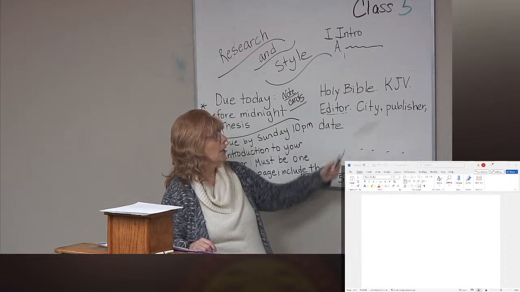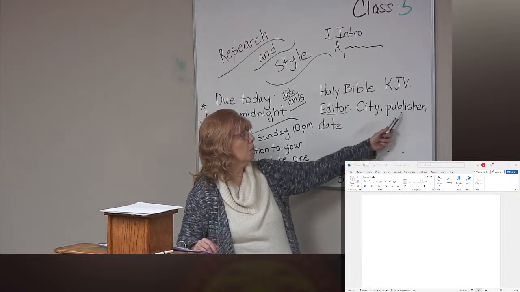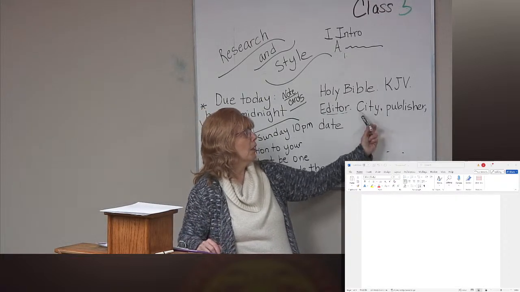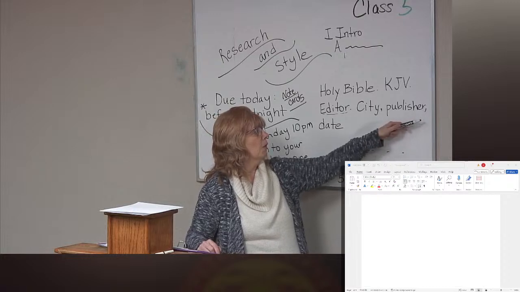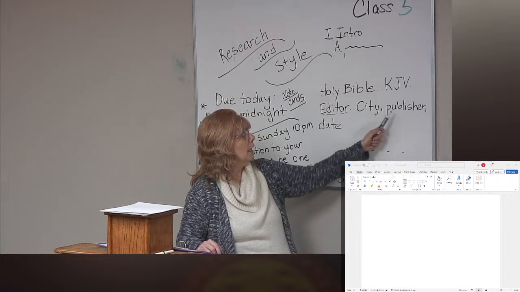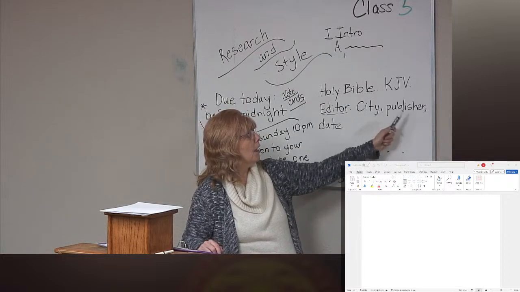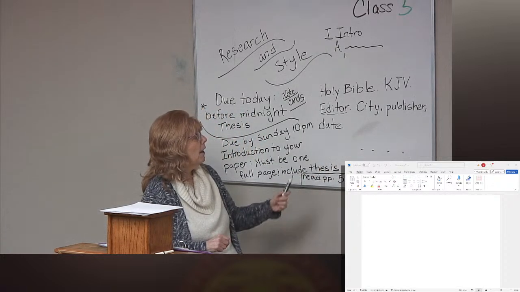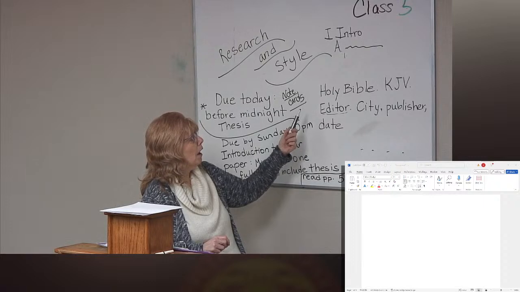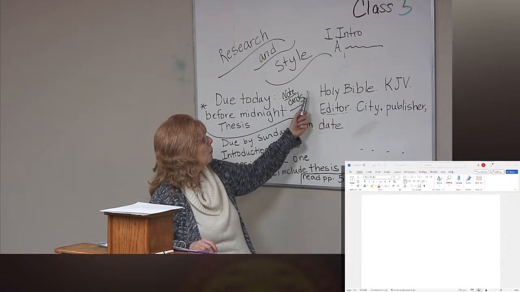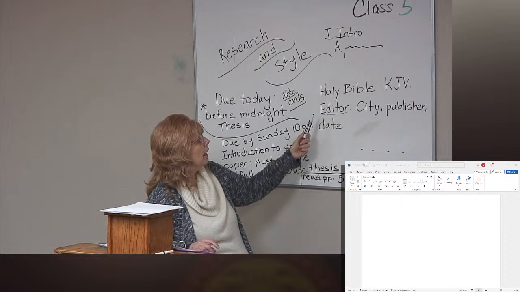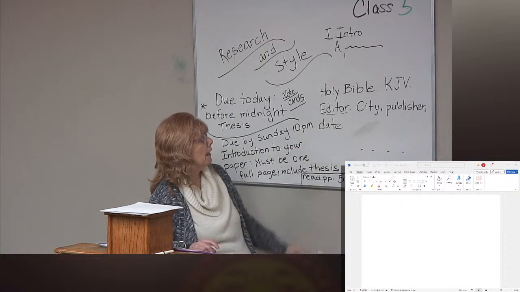Maybe it doesn't have the city where it was published, so just skip over that and start with the publisher, or maybe vice versa. Between the city and publisher there should be a comma, and then a comma between the publisher and the date. And if you're using it online, it should say something like online King James Bible, and in that case you're probably going to put the access date.